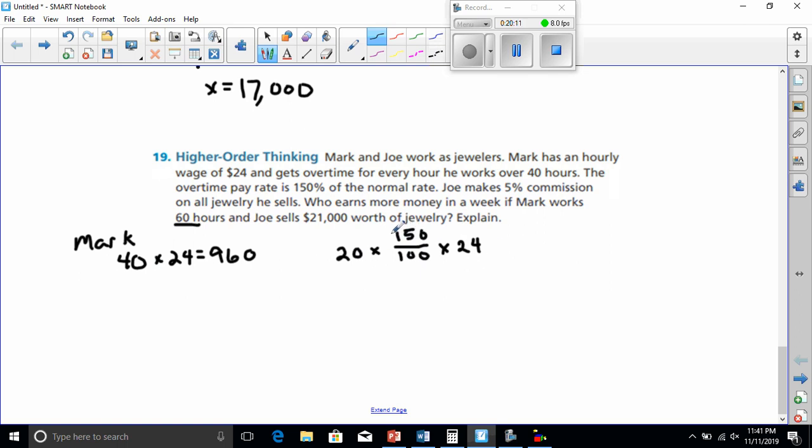Okay, let's start over here, and then we'll multiply the number of hours. So we're starting here with 24 times 150 divided by 100, or I could just multiply 24 times 1.5. This is equivalent to moving the decimal two places.